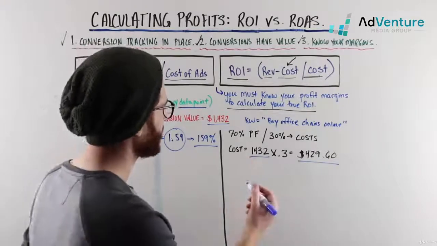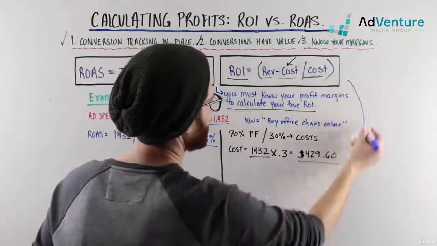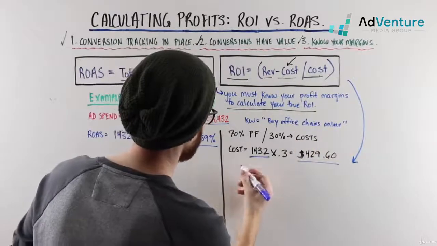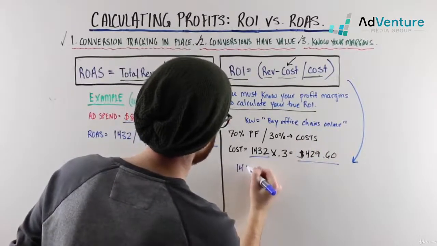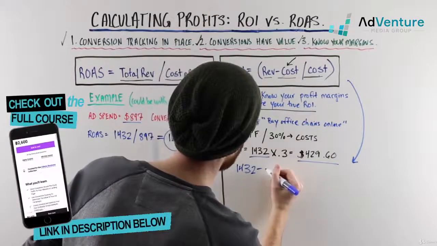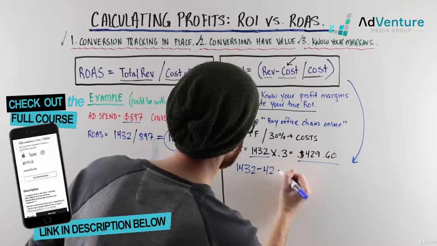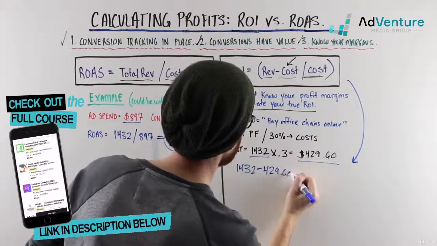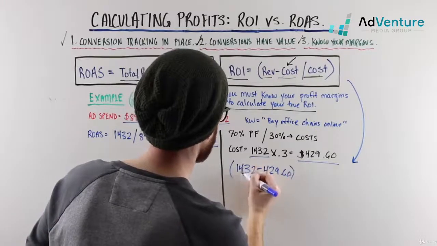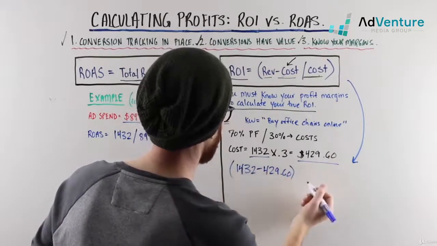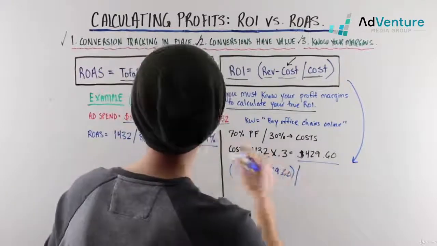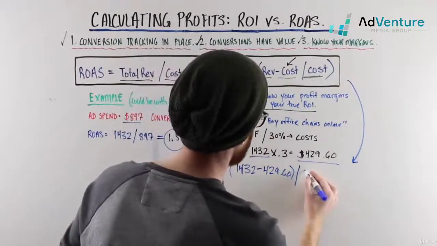Because now we'll do revenue minus cost. Look at, I'm going to plug in this formula down here. So revenue minus cost is 14.32 minus the cost, and we're going to divide that by our cost of advertising, which is $8.97.